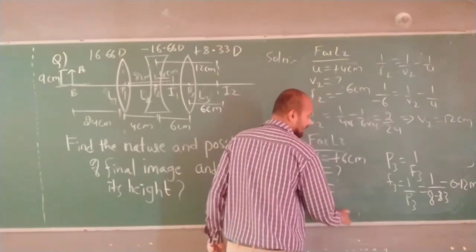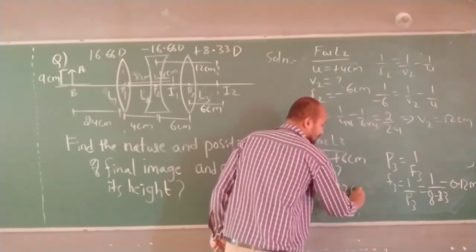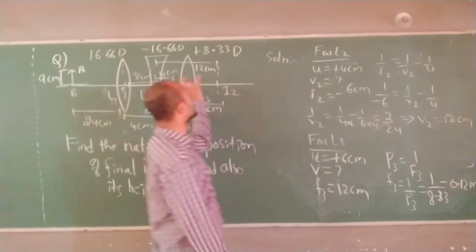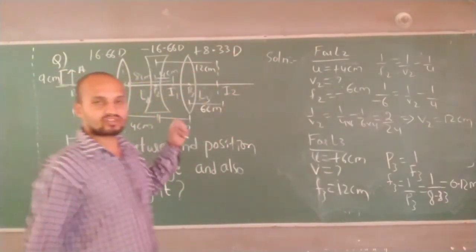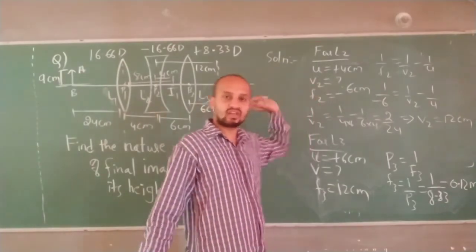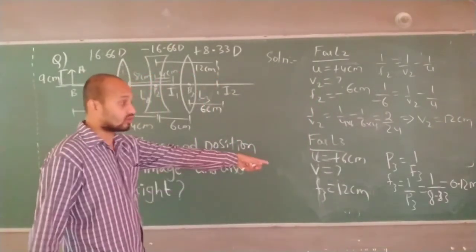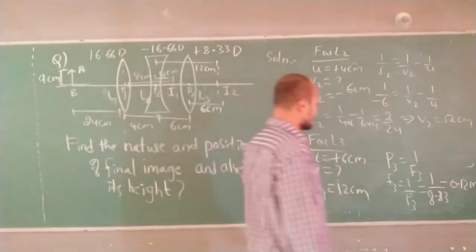If you calculate, you will get 12 centimeter. Positive 12 centimeter is the focal length of the third lens. In the starting of the solution, blindly I have taken F3 also as the same value. I didn't see that, so note it down. This part has to be taken.